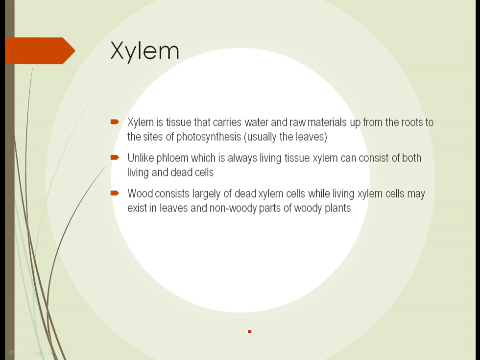Wood in trees or woody plants like shrubs and some woody vines consists largely of dead xylem cells, while living xylem cells may exist in the leaves and non-woody parts of woody plants. So some plants have entire sections of their xylem made from dead xylem cells and living cells in only areas of the plant.